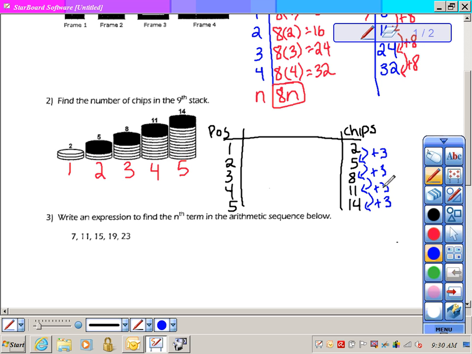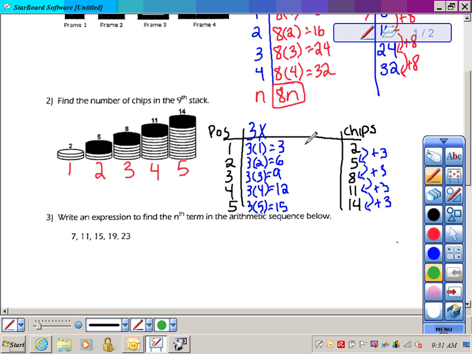So I'm going to take that 3 and do 3 times my position. 3 times position 1, 3 times 2, 3 times 3, 3 times 4, 3 times 5. 3 times 1 was 3, 3 times 2 is 6, 3 times 3 is 9, 3 times 4 is 12, and 3 times 5, 15.